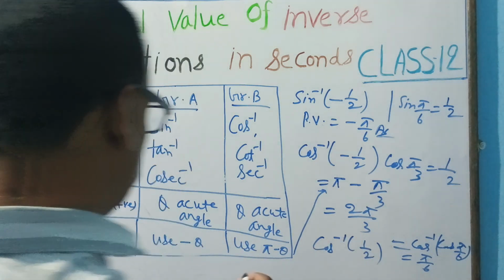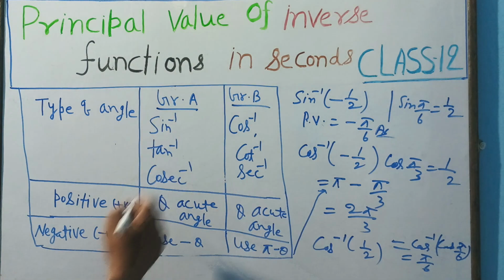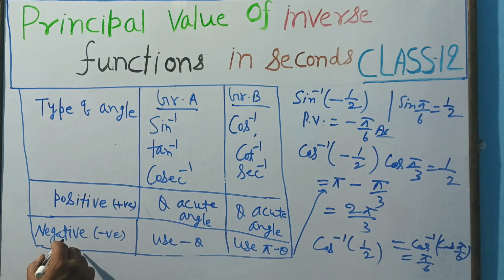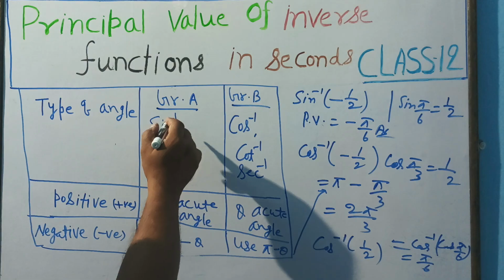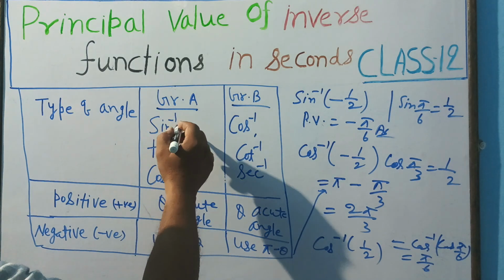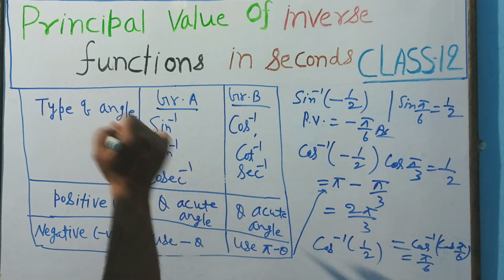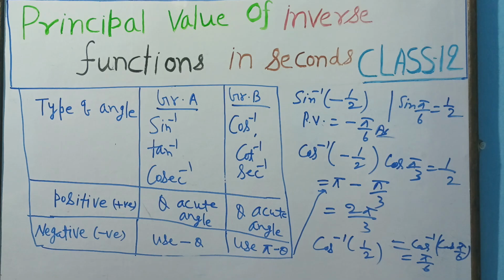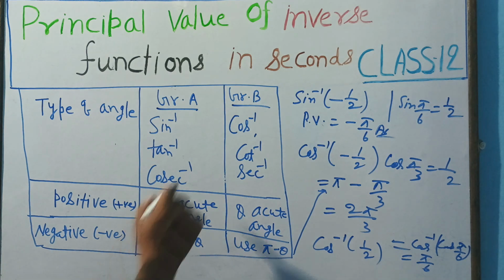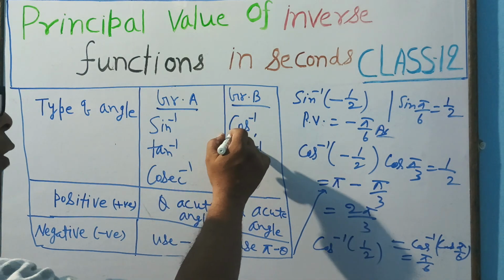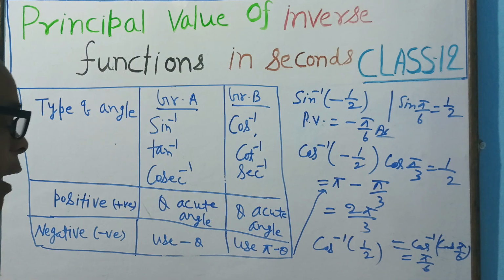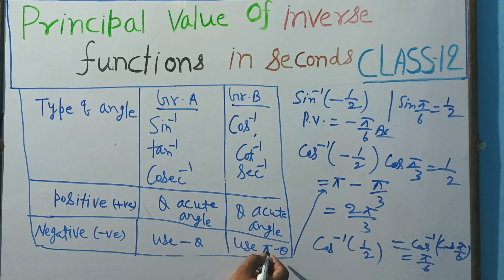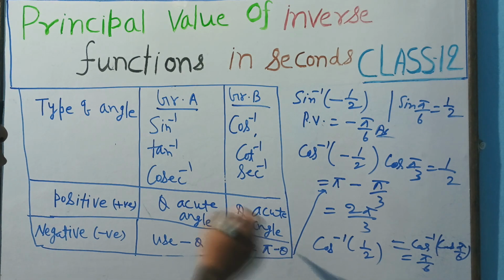If we find a negative angle, we will use pi minus theta, and the condition is that in the question there will be cos inverse, cot inverse, or sec inverse from group B, then the principal value will be pi minus theta, where theta is an acute angle.